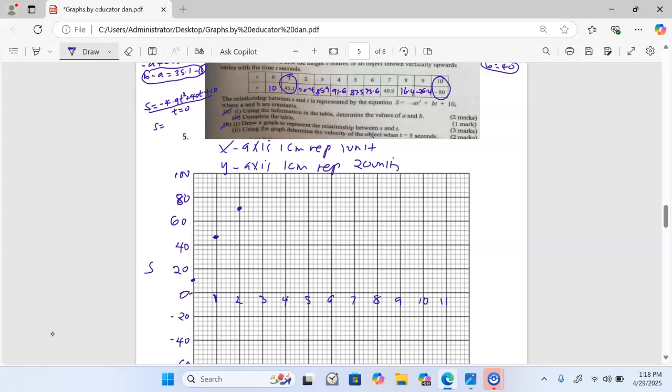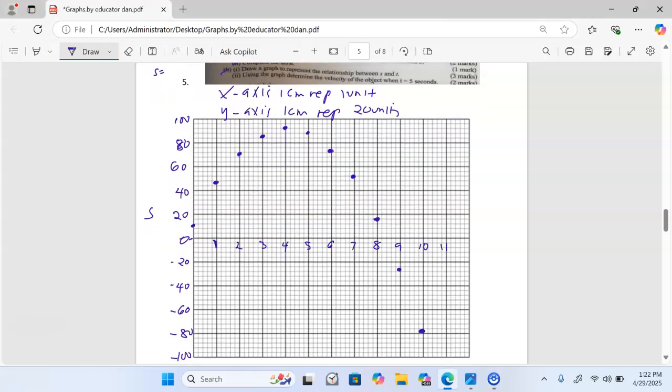And when it is 3, it is 85. When it is 4, it is 91. 5 is 87. 6 is 73. All the way to 10, where we have negative 80. So after plotting all these points, we are going to join all the plotted points, forming our curve as follows, starting from this point here all the way to this negative 80.